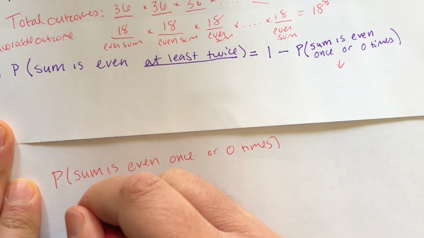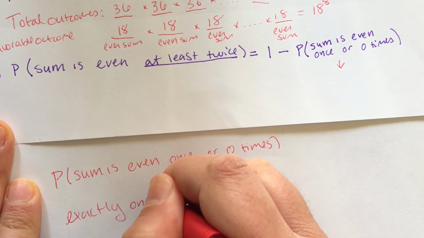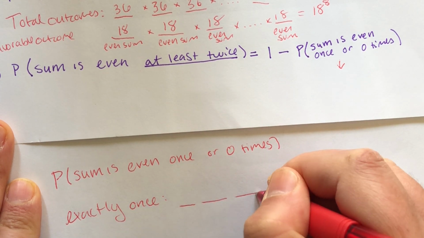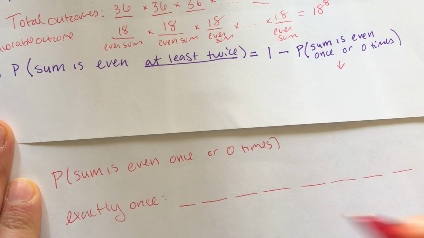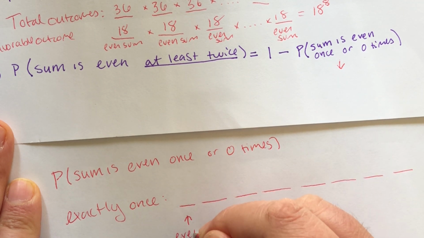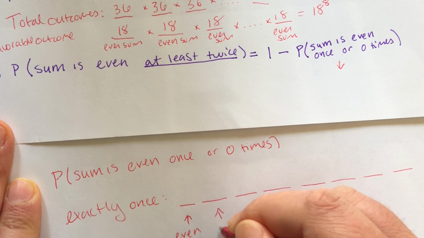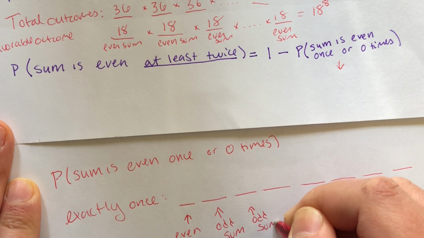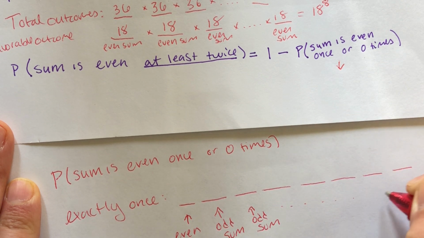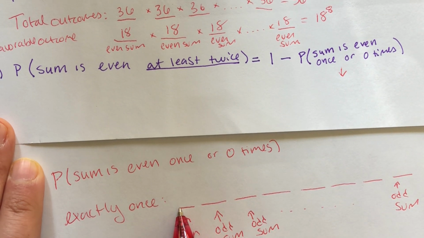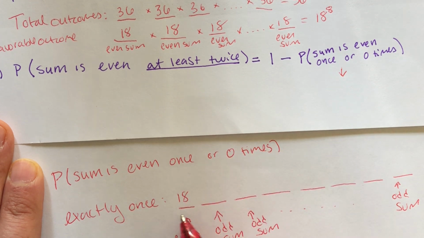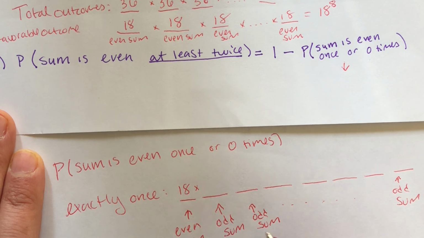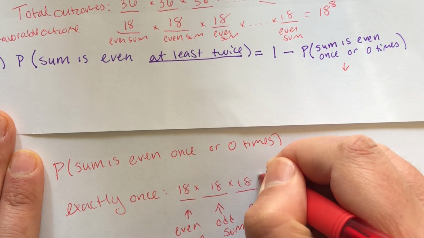Okay, so exactly once is going to give us, let's say that we got an even sum here, but we got an odd sum in all the other spots, all the other 8 spots. How many ways could that happen? Well, there's 18 ways you could get an even sum, so 18 here, and there's 18 ways to get an odd sum as well. So 18 here, all the way down the line.